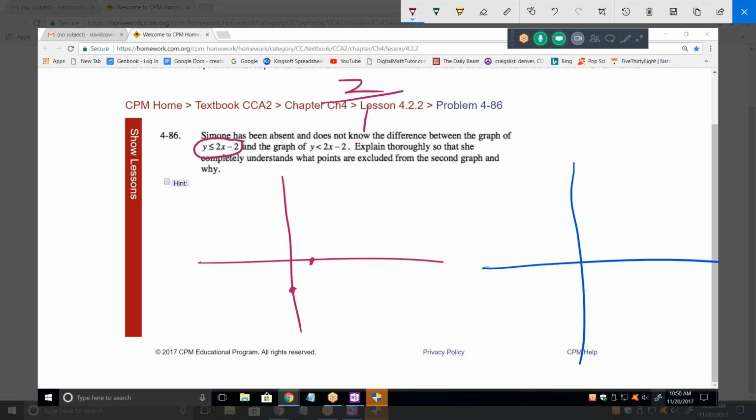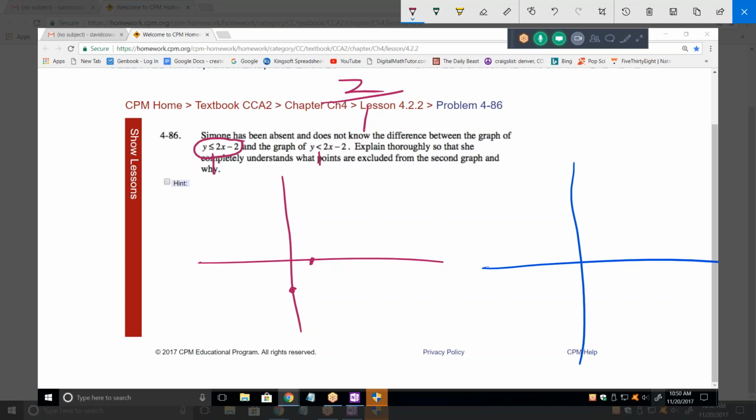I can draw a line between those 2 points. In this case, should that line be dotted or solid? Again, what it has to do with is that sign versus that sign. One is a less than sign, the other is a less than or equal. So it'd be solid?